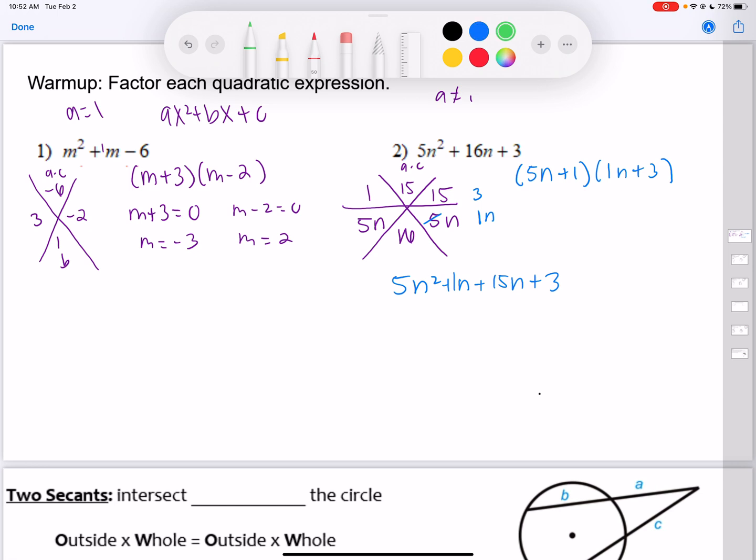And then you factor out the GCF out of those factor pairs. So in this one, it's n, you're left with 5n plus 1. In this one, it's 3, you're left with 5n plus 1. So your factors are n plus 3 and 5n plus 1. So whichever way works for you, make sure you know how to factor quadratics. Not anything too complicated, just those basic trinomials.